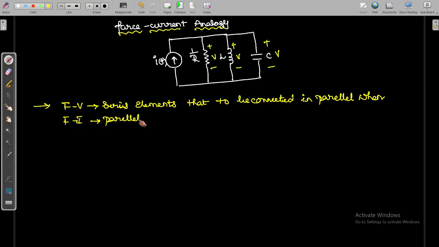So you have to connect in parallel when you are answering the force current analogy.